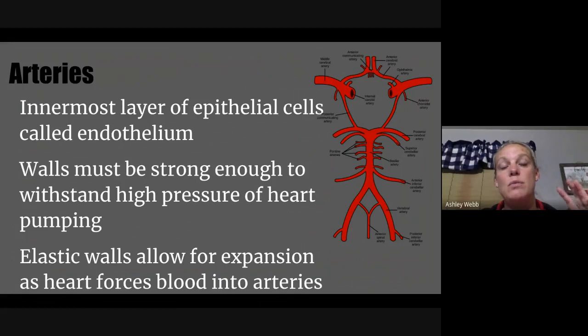Carrying blood away from the heart, that's really where it's pumping. So there's a lot of pressure when the heart pumps and pushes blood out into the arteries. So the walls are very, very strong. Those elastic walls have to expand as the heart pumps and pushes blood, as that blood is forced into the arteries.